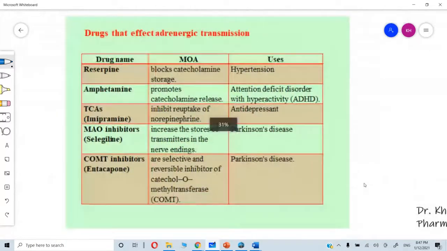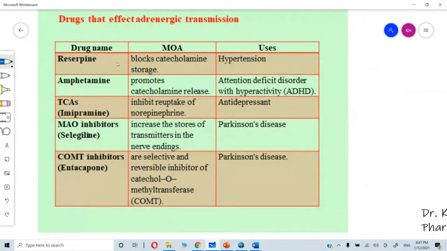We have the summary in the table here. Reserpine blocks catecholamine storage and is used for treatment of hypertension. Amphetamine promotes catecholamine release and is used for attention deficit hyperactivity disorder. Imipramine belongs to the TCAs, tricyclic antidepressants, and inhibits reuptake of norepinephrine.